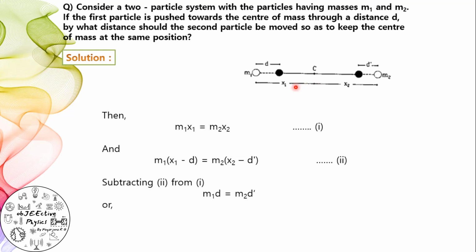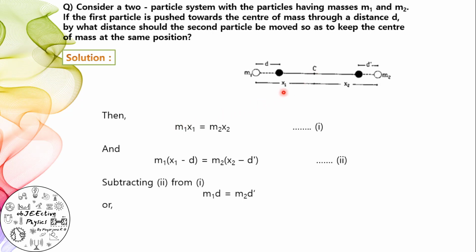Now the question is, if m1 is shifted through a distance d towards the center of mass, through what distance should m2 be displaced to maintain the center of mass at the same position?